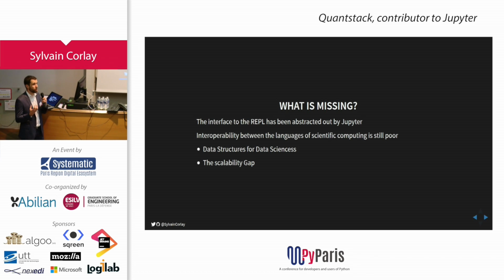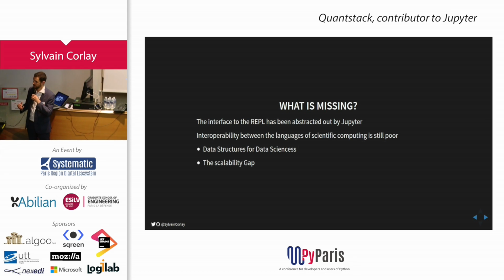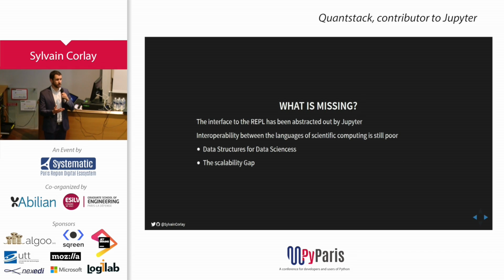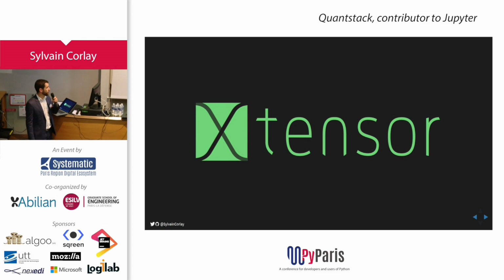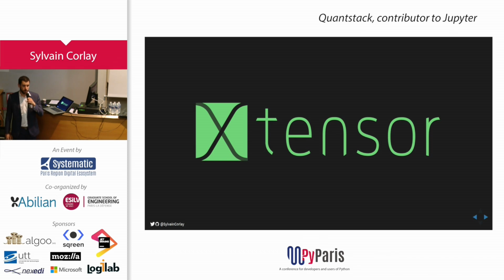So we need a common way of operating on data, whether this is an in-memory data representation or something backed by out-of-core computations or database calls. This is why we decided to work on this project, and I announce the Xtensor project that will be presented in depth this afternoon, and is meant to solve this scalability gap and the problem of having common data structures for all the languages of scientific computing.